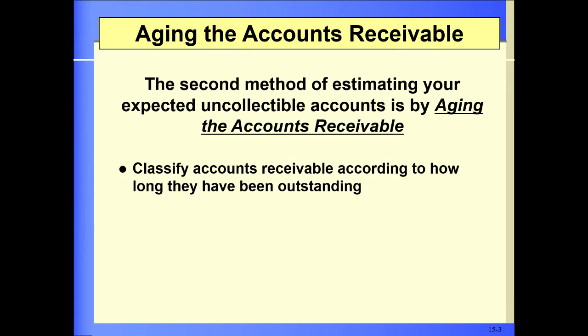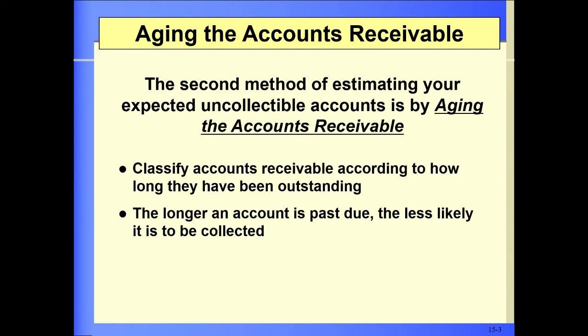With this particular method, we classify the different accounts receivable according to how long they have been outstanding. This is a process known as aging, and we'll get into it in more detail shortly. Basically, what we need to look at is how long an account has been past due.